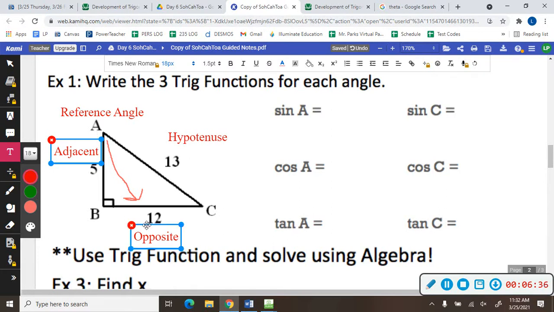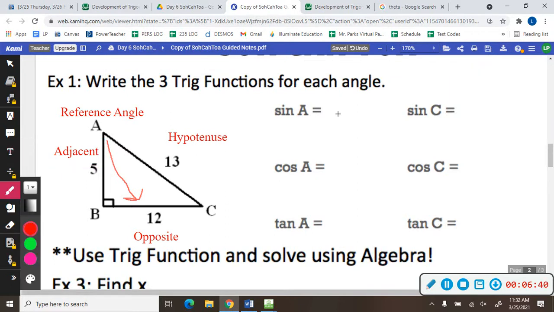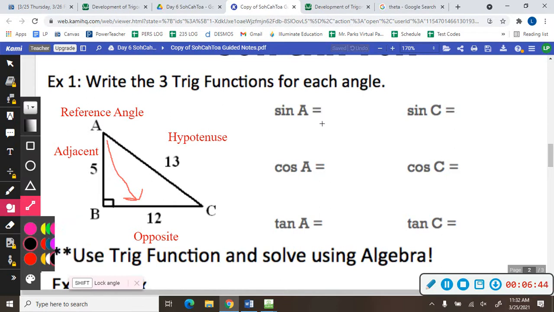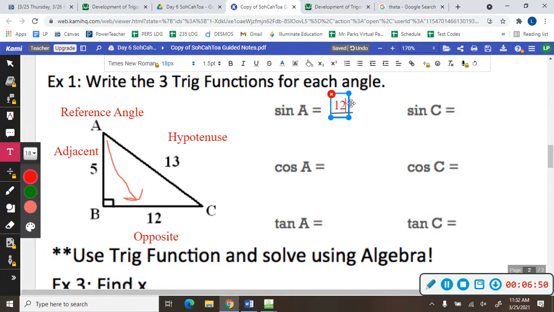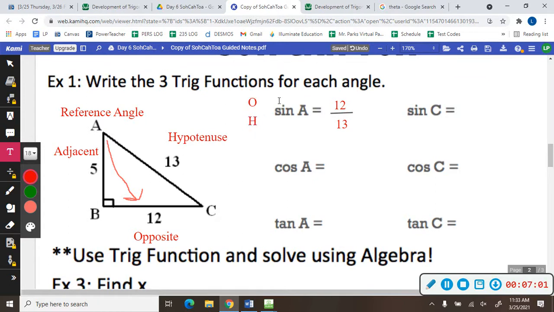So it would be 12 divided by 13, because sine is opposite divided by hypotenuse.